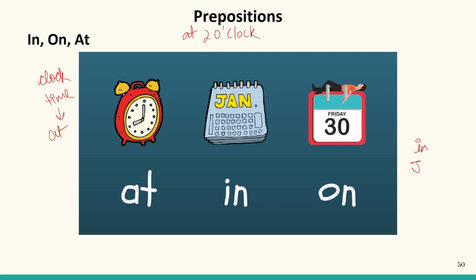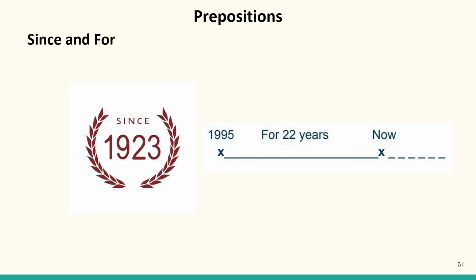In January. On 15th August. Our India got independence on 15th August. In August. In 1947. So in this manner, we can use at, on, or in for time.